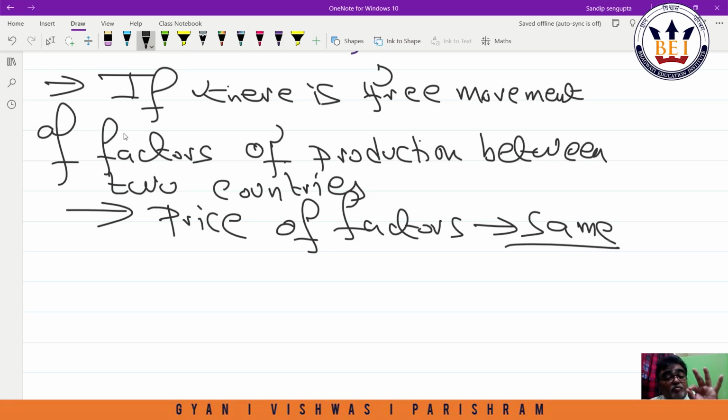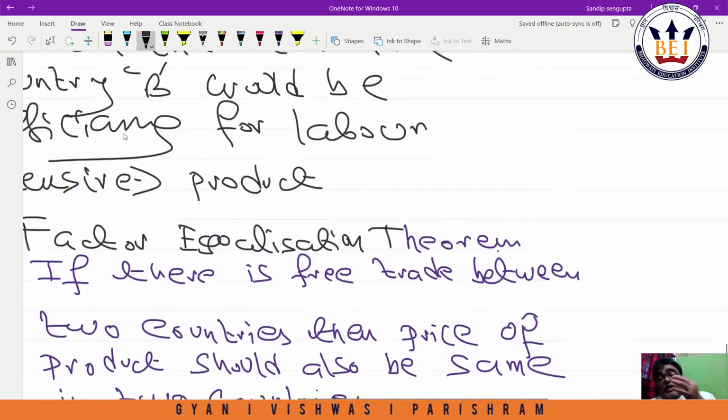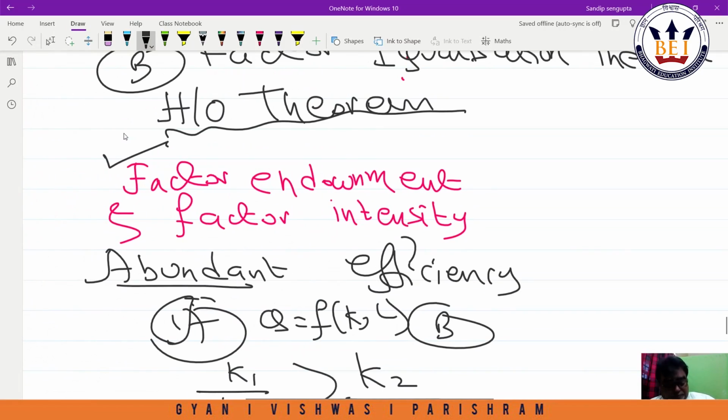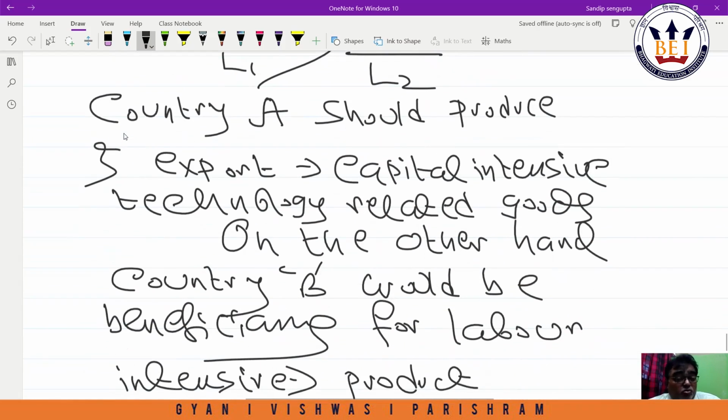Listen now, don't look. Heckscher-Ohlin theory can be described as two-way. One is called Heckscher-Ohlin theorem, another is called factor equalization theorem. Then under Heckscher-Ohlin theorem, mainly dependent on two parts: factor endowment, factor intensity.